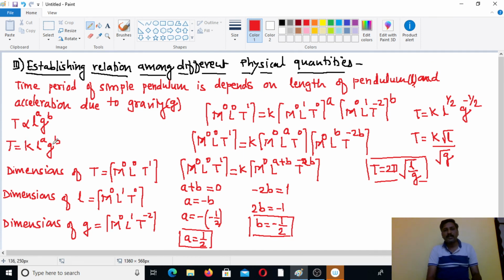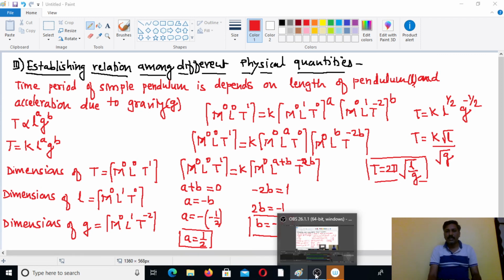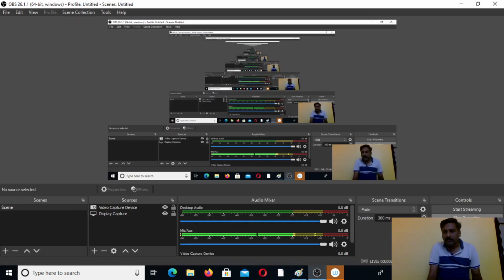How the time period is related with g, that relationship we can establish using this dimensional analysis, that is, the time period is inversely proportional to the root of g. Okay, everyone note down this and solve some examples regarding this. Okay, thank you.